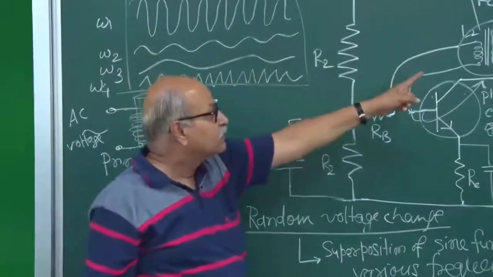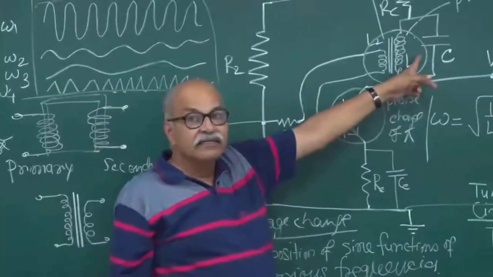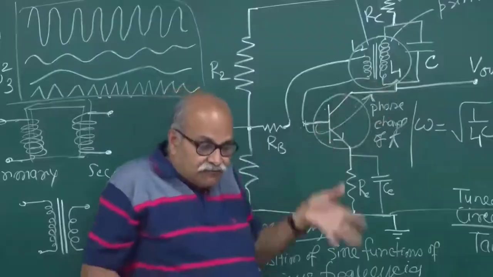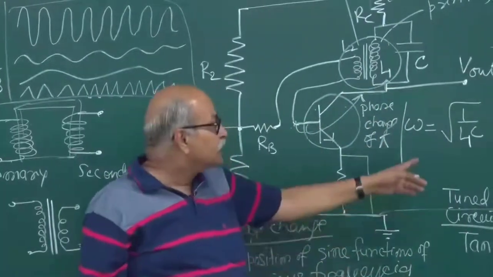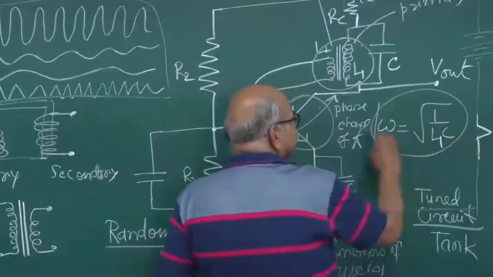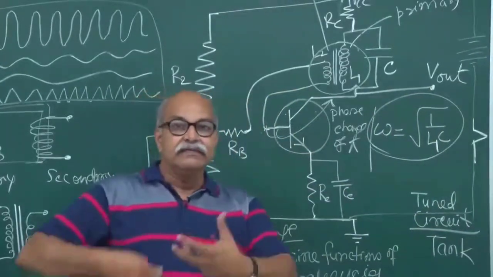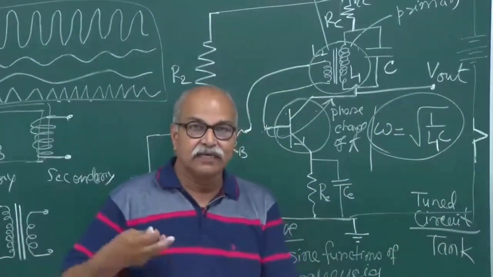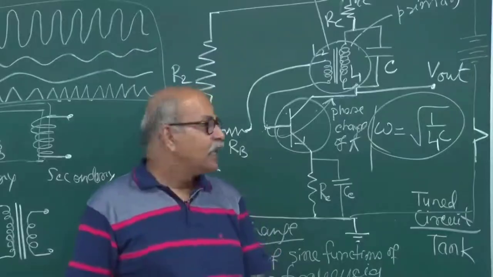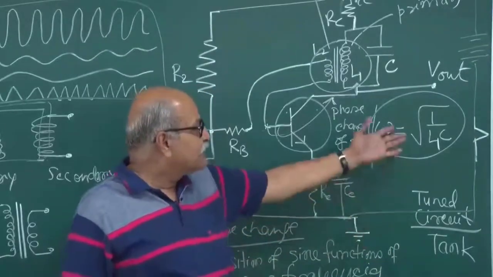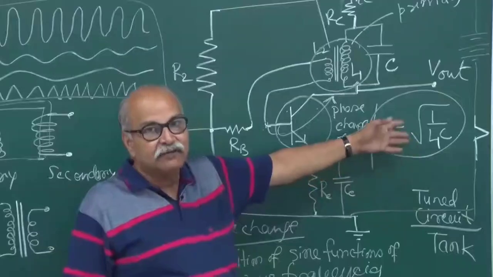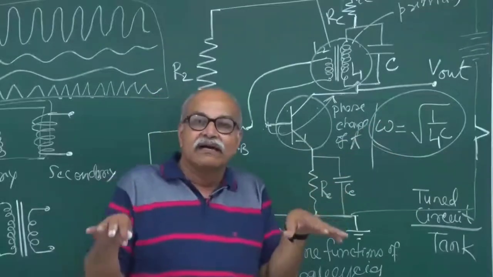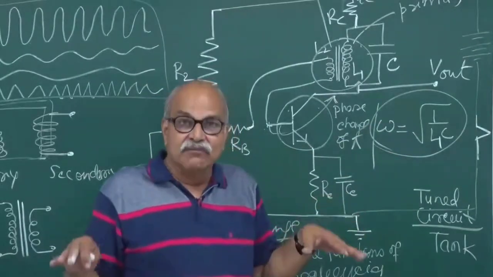But then this is a circuit where if the input going into it is at this frequency, then it oscillates with larger amplitudes, and if other frequencies come which are very different from this, those oscillations are of very small amplitudes.